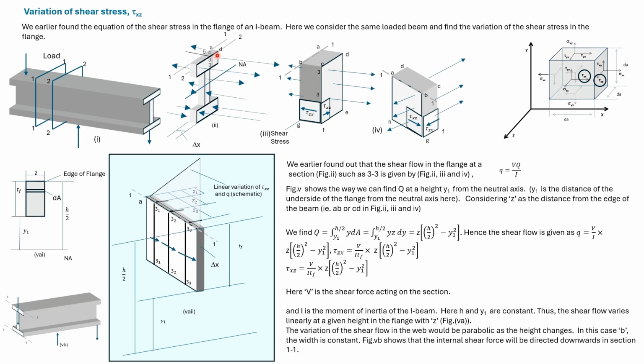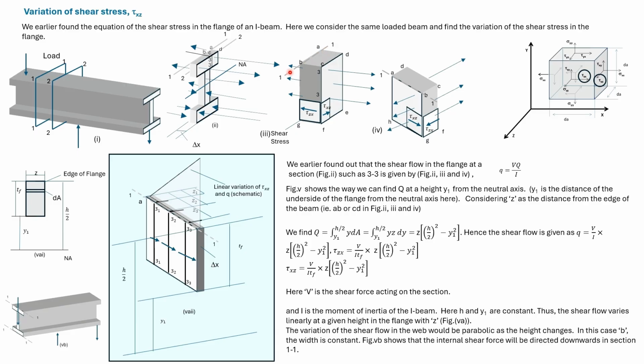We further take a vertical section 3-3. The top of the flange in this figure is shown as ABCD. This small portion is shown enlarged in figure 3.